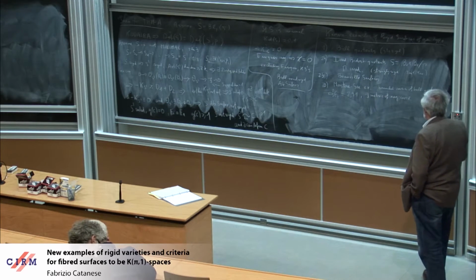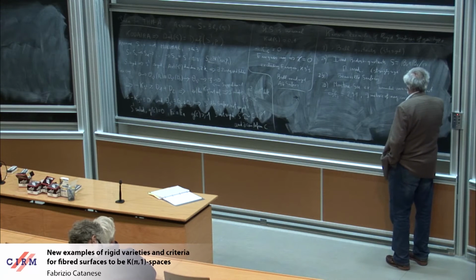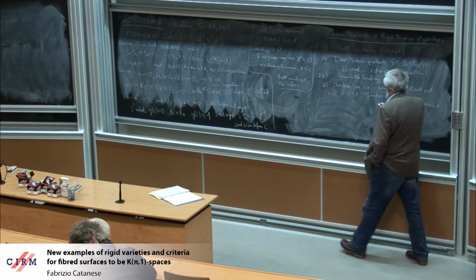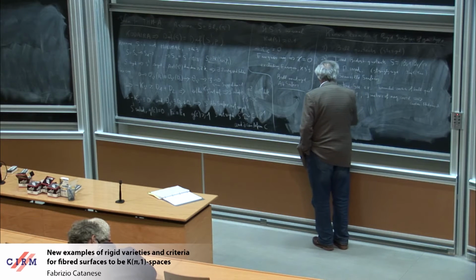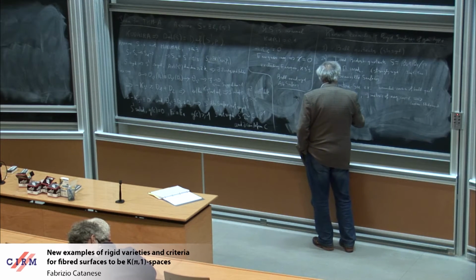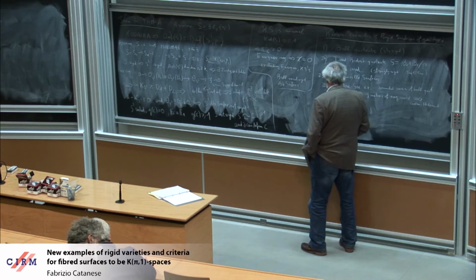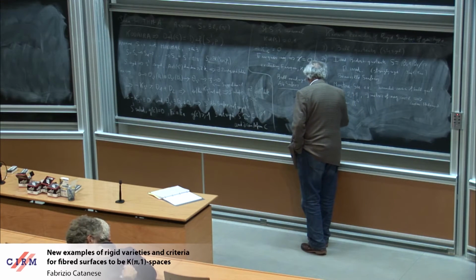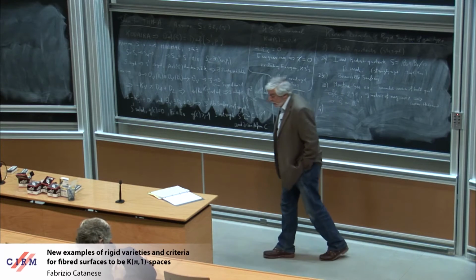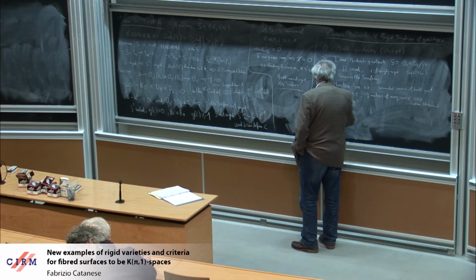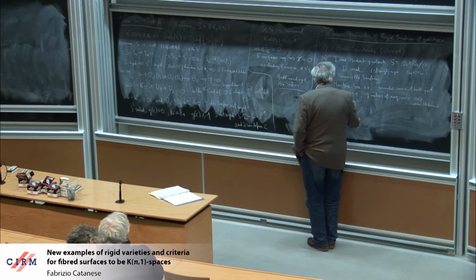And this implies, since they're compact, by the theorem of Cartan-Hadamard, that the universal covering is just diffeomorphic to R4. Then there are some rigid Kodaira fibrations.